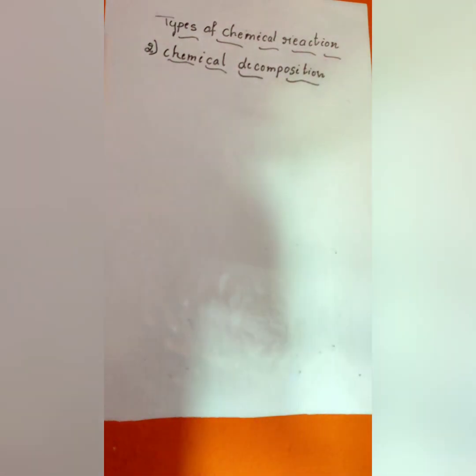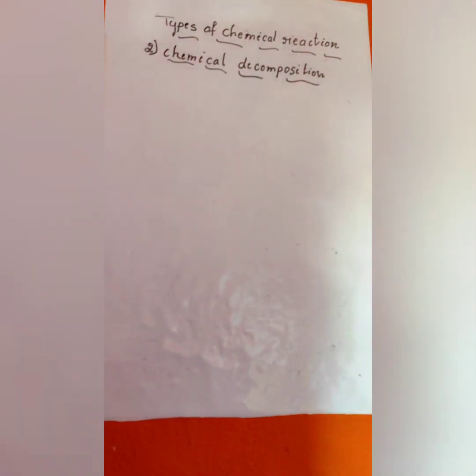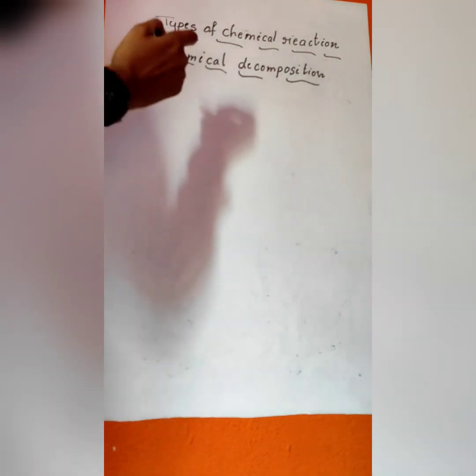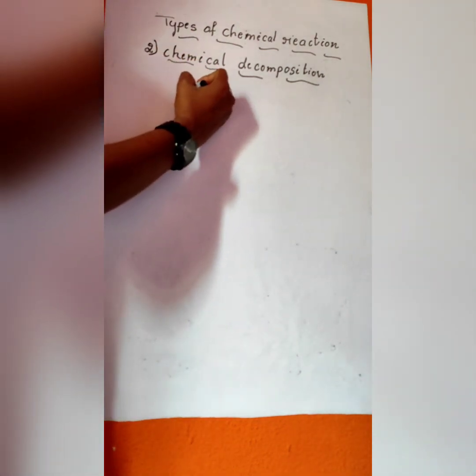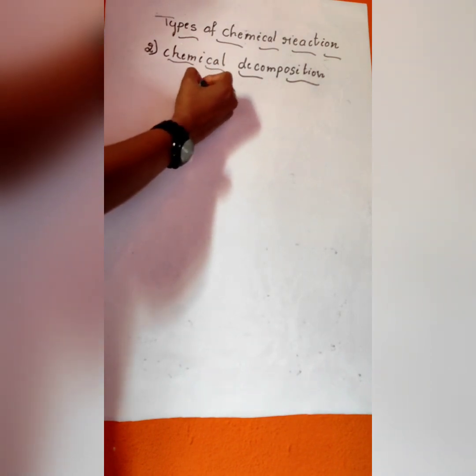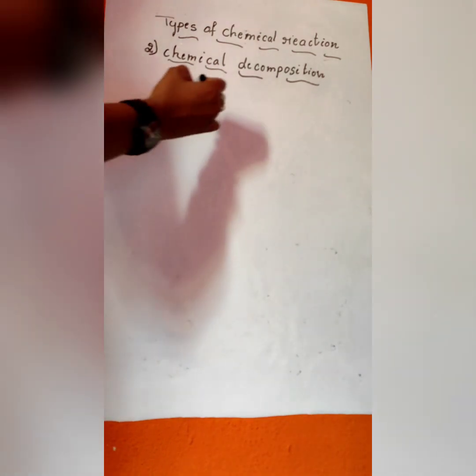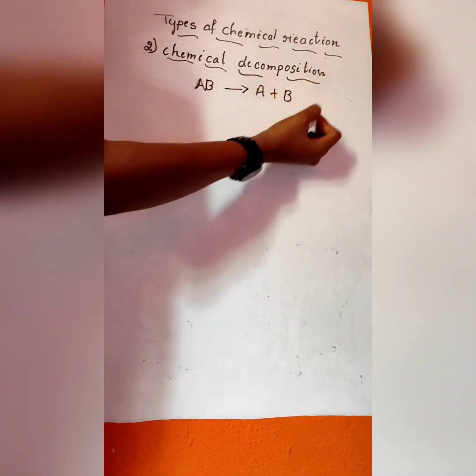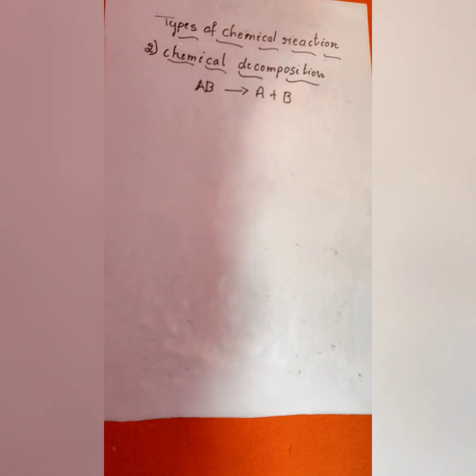Next we'll move on to the next type, that is decomposition reaction. Decomposition reaction means a heavier compound splitting into lighter elements or lighter compounds. AB is a compound splitting into A plus B. So these two are the simple elements or simple compounds.